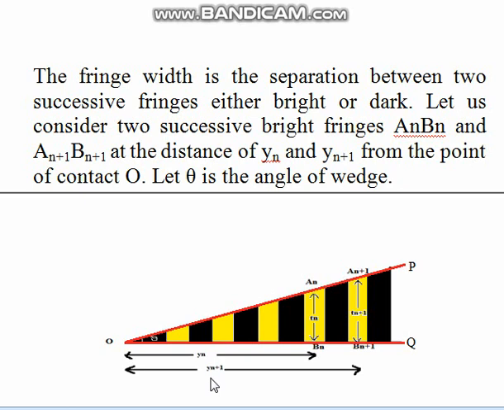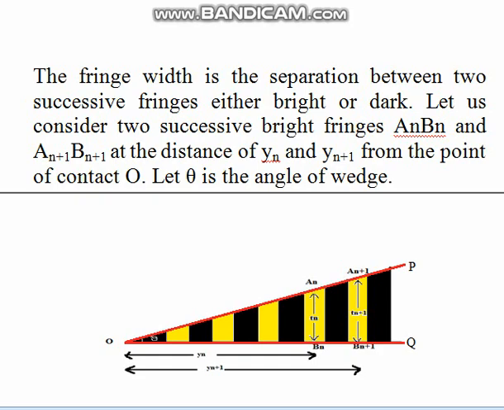In this derivation we take the bright bands; you can also take the dark bands. The separation between two successive fringes is Yn plus 1 minus Yn. So the fringe width, denoted by the symbol omega, is given by Yn plus 1 minus Yn. So we have to solve this equation for Yn and Yn plus 1 using these two right triangles.